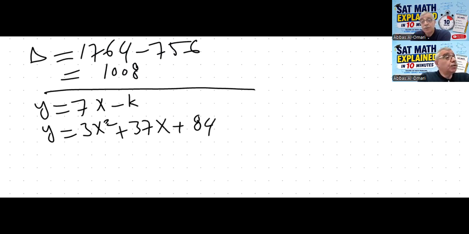Now, these are two equations, two systems of equations. And we know that the two systems have one real solution. So there's only one real solution.